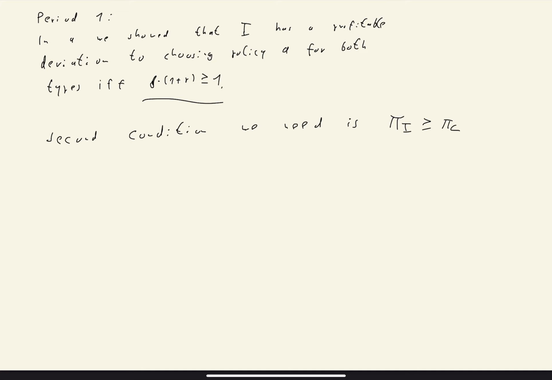Now we can check whether the voter has an incentive to deviate from this behavior that I described before. It's one voter. So does the voter have an incentive to deviate?